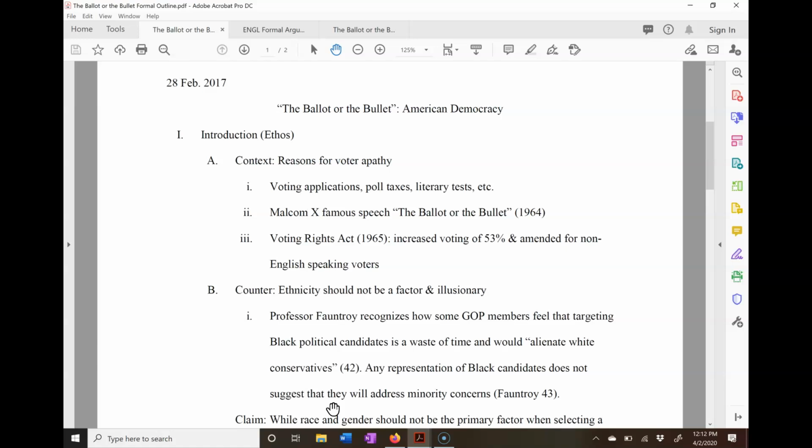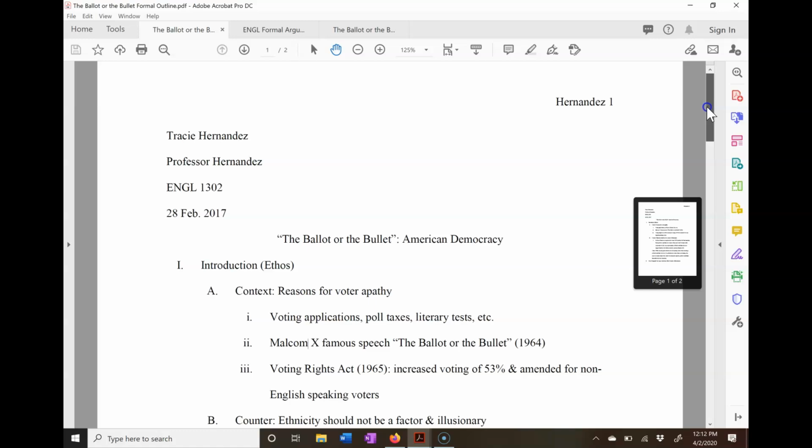So similar to what I have here, I sent all of you this example. I want to see your specifics, how you plan on presenting your paper, but I also want it to be in MLA. So I still want to see at the very top your heading and your header.